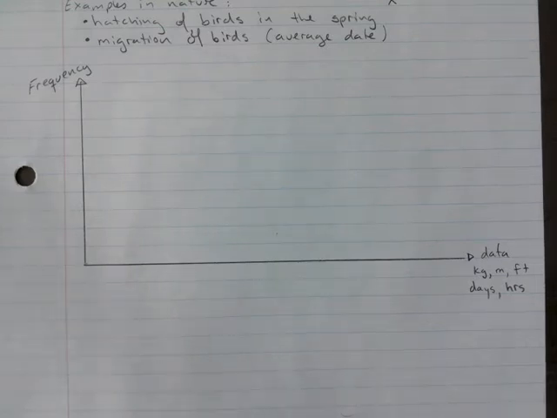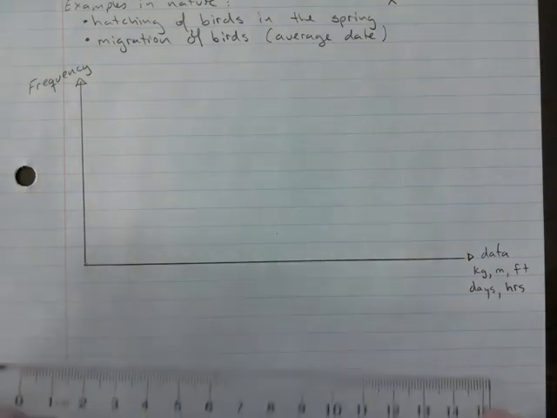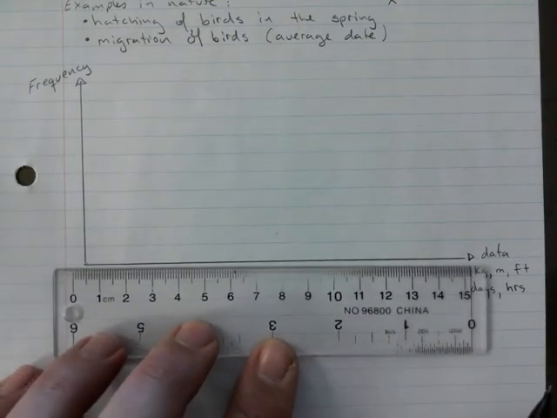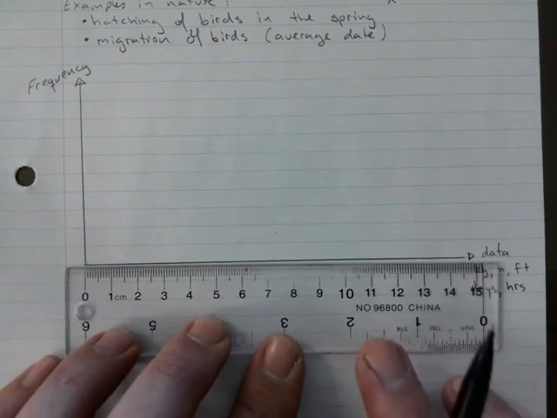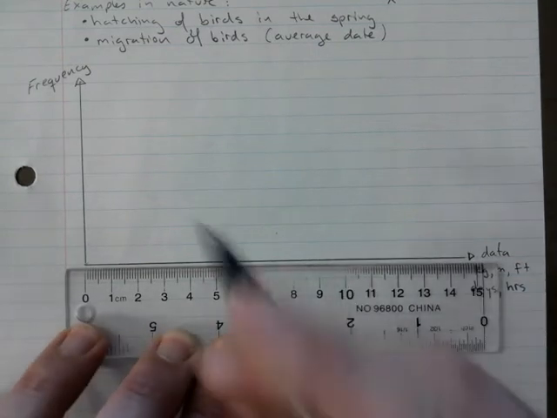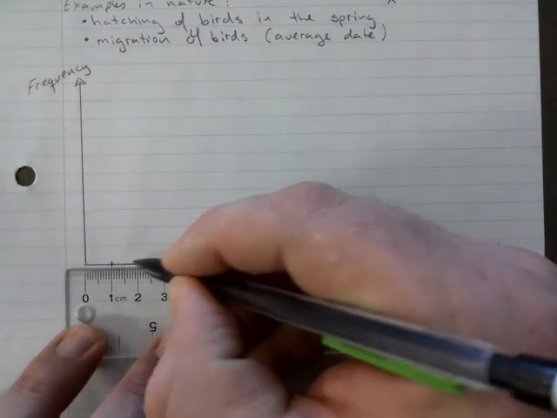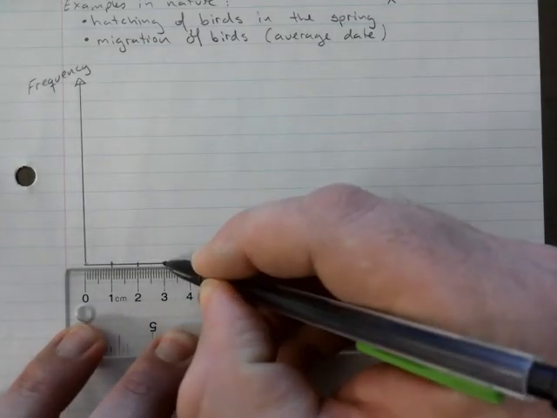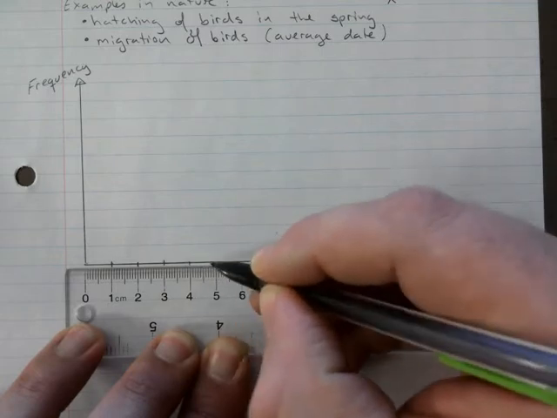Okay. Now, let me count here. 1, 2, 3, 4, 5, 6. I need you to have 9 marks along the x-axis. So I'm going to set my ruler. I'm going to use the centimeters for it. So I'm going to go 1, 2, 3, 4, 5.